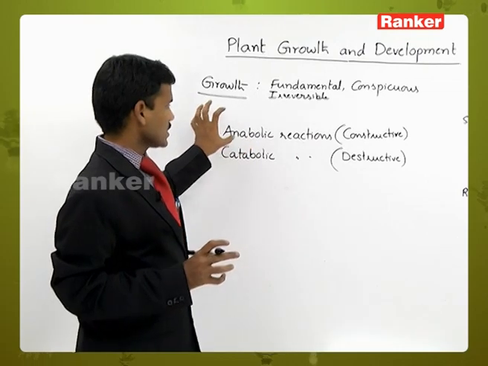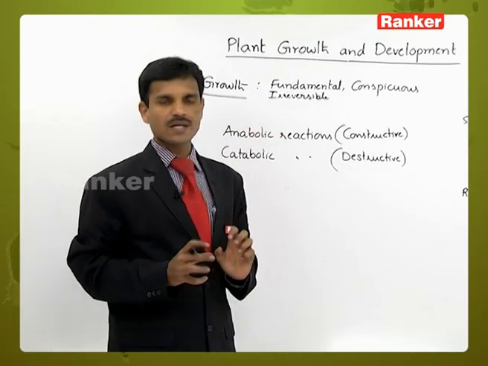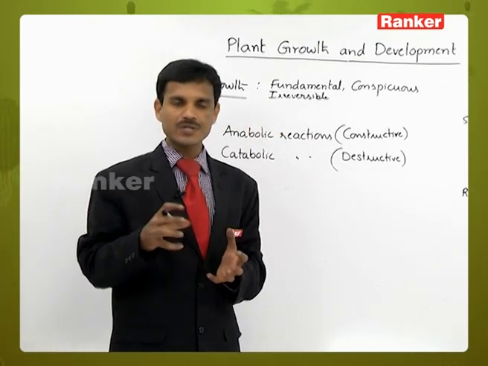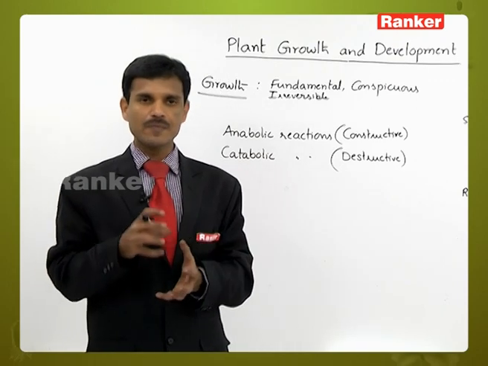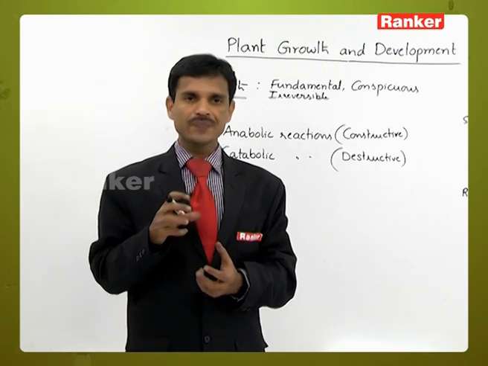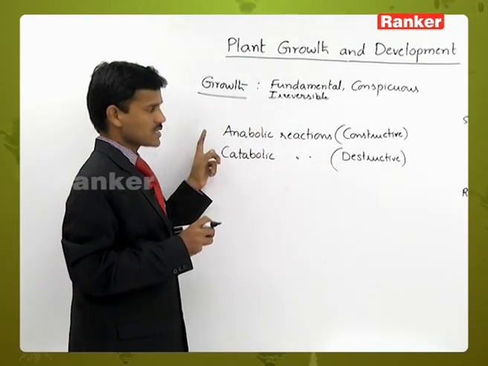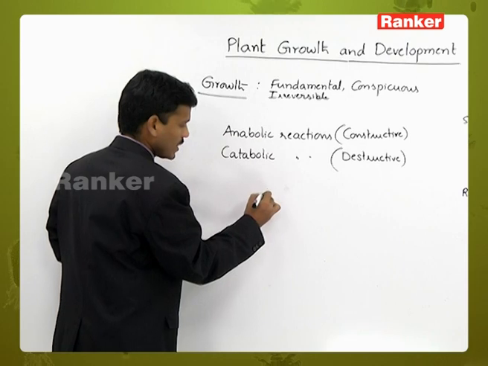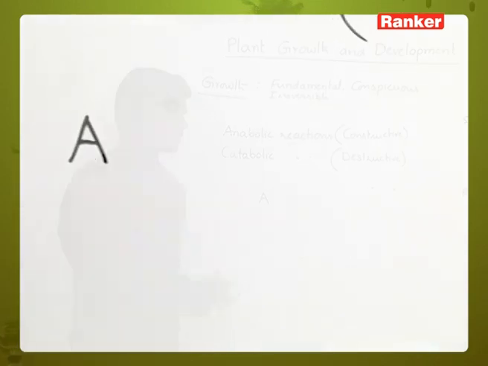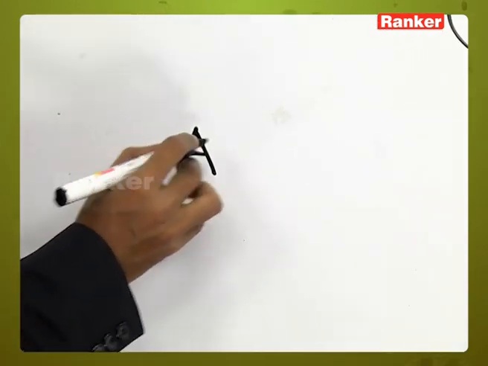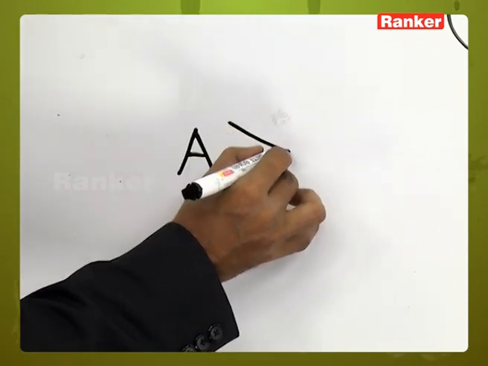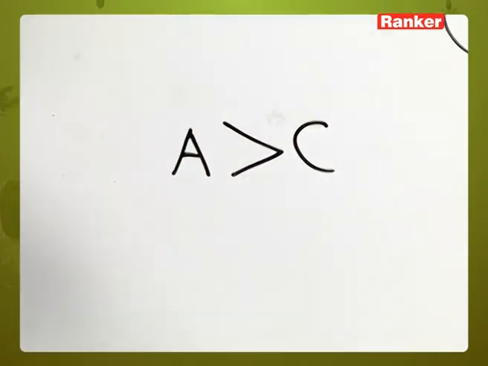In synthetic reactions, different types of materials are synthesized. If more cells are formed due to cell division, and due to anabolic reactions different materials are synthesized, so if anabolic reactions take place more than catabolism, then growth occurs.